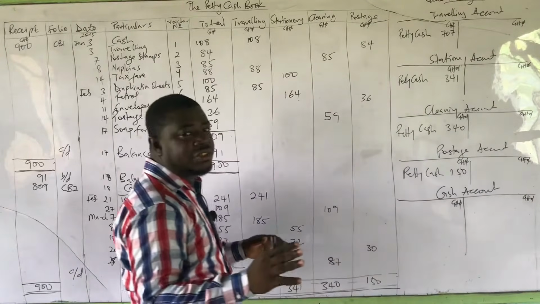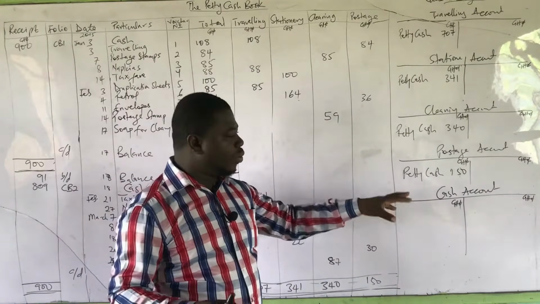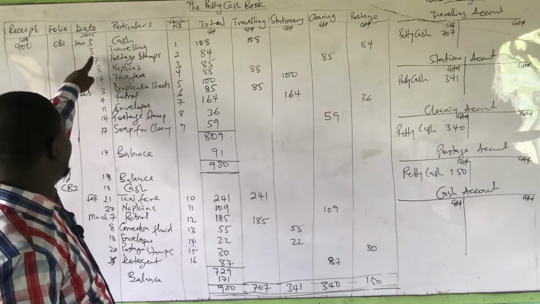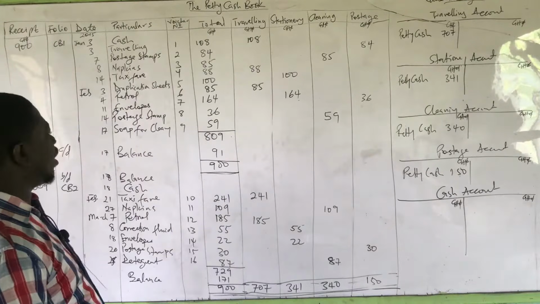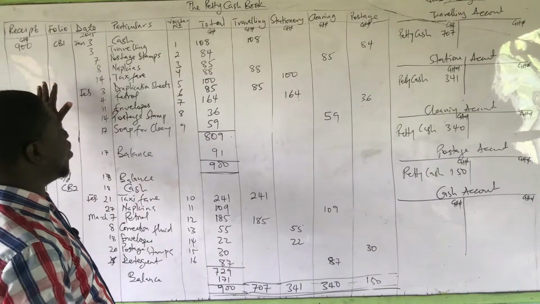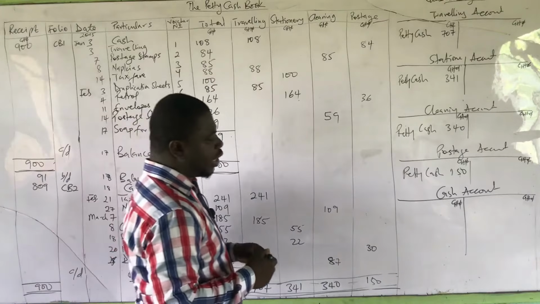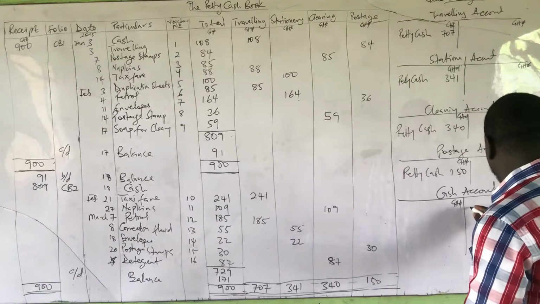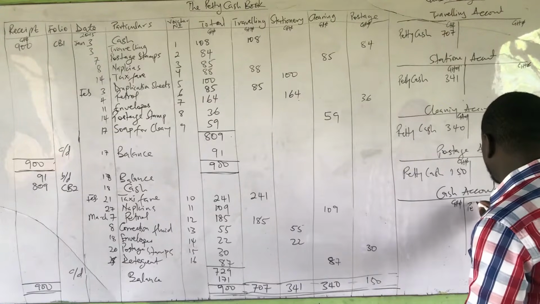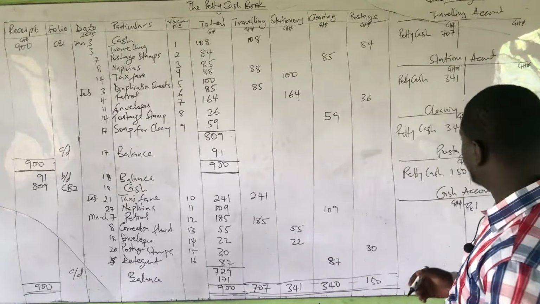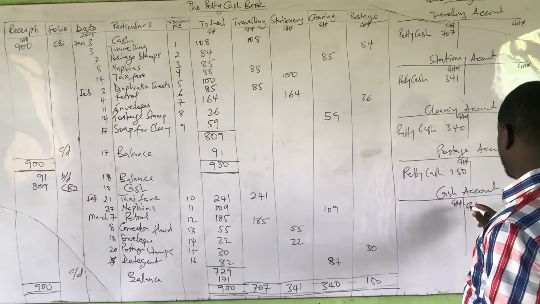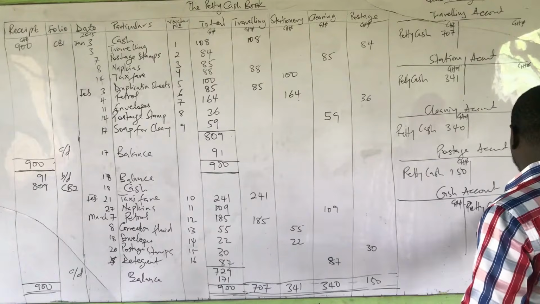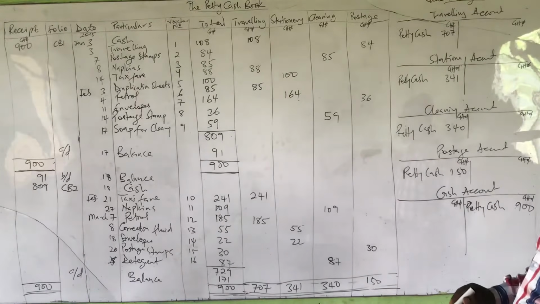You see that we are just trying to show how we have given money to the petty cashier as imprest. So on the 3rd of January, it was 900 on the debit side of the petty cash, meaning the corresponding entry will be shown on the credit side of the cash account as payment from cash. So we call it petty cash. That is on the 3rd of January, petty cash, and then we credit the amount as 900.